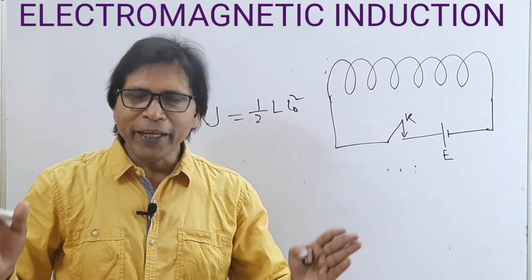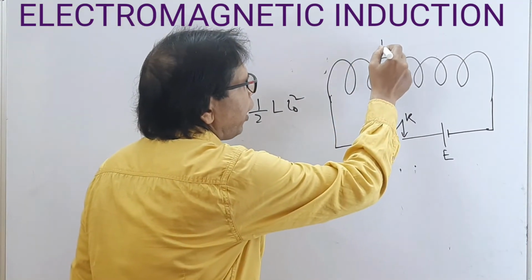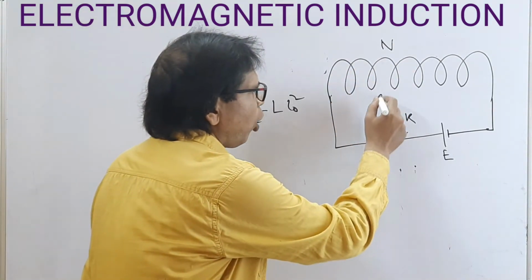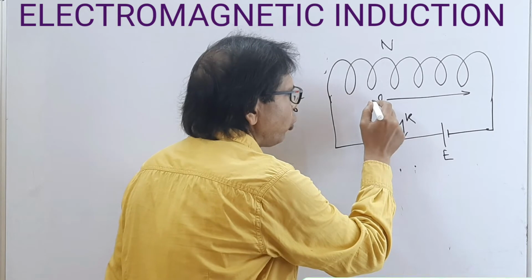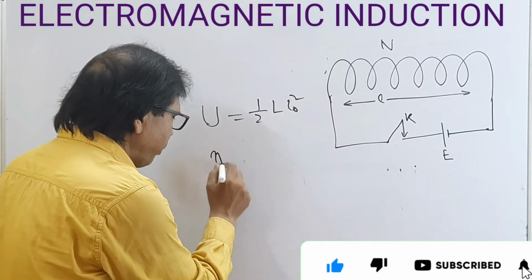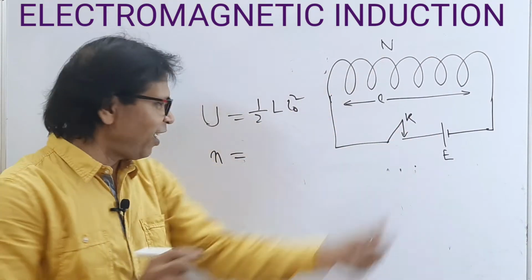Now expression of self-inductance. Suppose the total number of turns in this coil be capital N and the length of the coil is small l. So the number of turns per unit length is N by l.